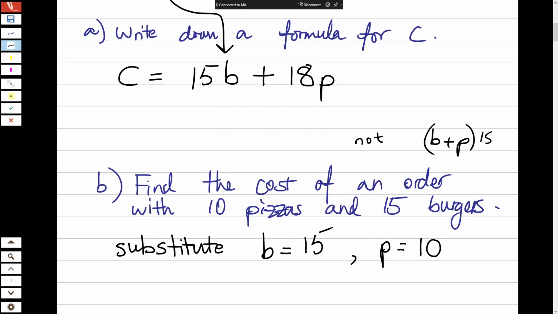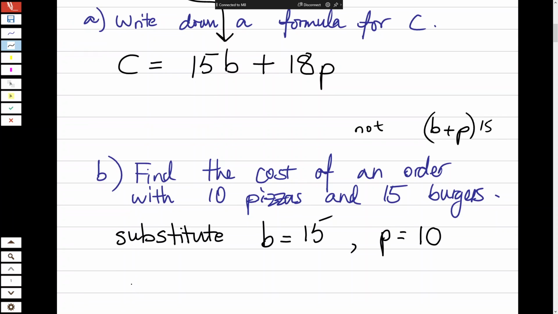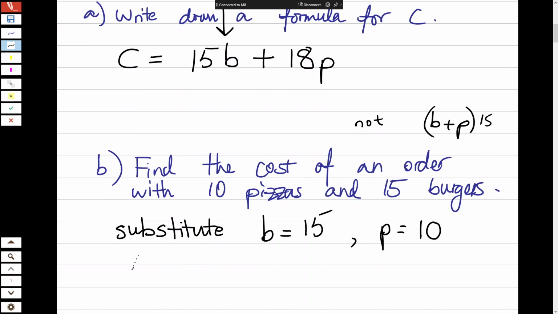Why? Very nice. All right, so if we do this, 15 times 15, this is what you were all saying just now, plus 18 times 10.